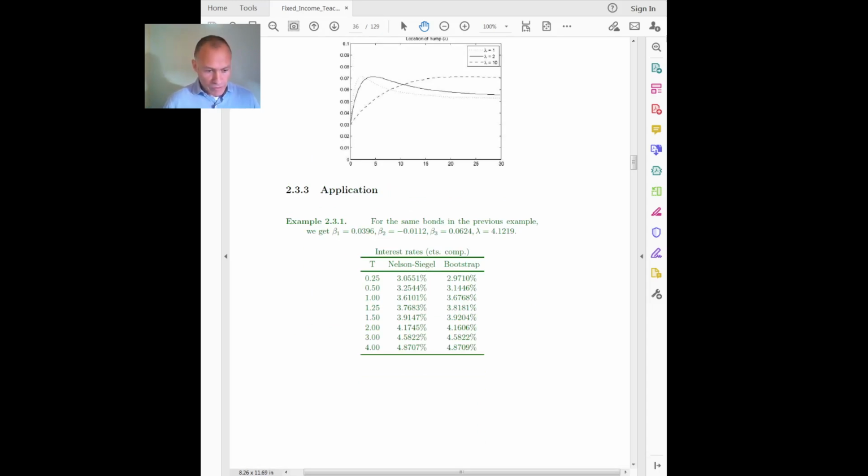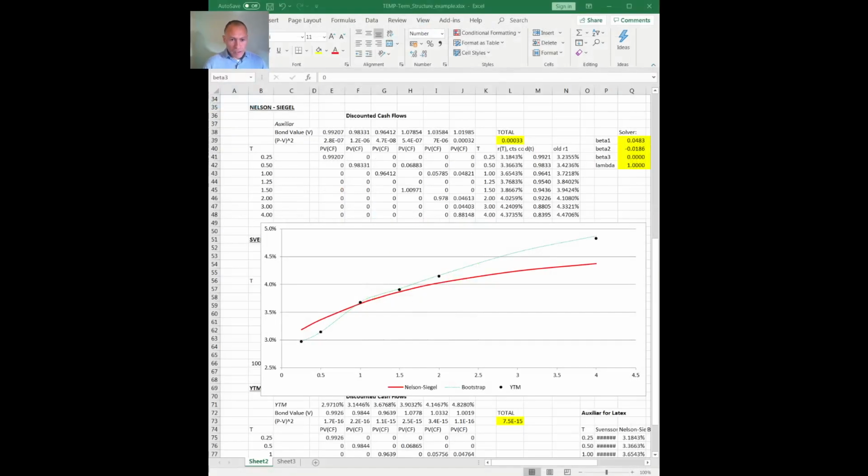Going back to that Excel file, what we do is start beta 3 and lambda. We play around with these numbers such that the shape of this curve, the red curve, is more or less correct. So more or less in line with what we see here in the yield to maturities.